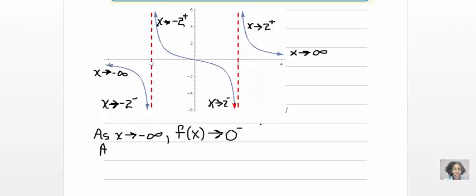So as x goes to negative 2 from the left, f of x is decreasing without bound. So I would write f of x is going to negative infinity.